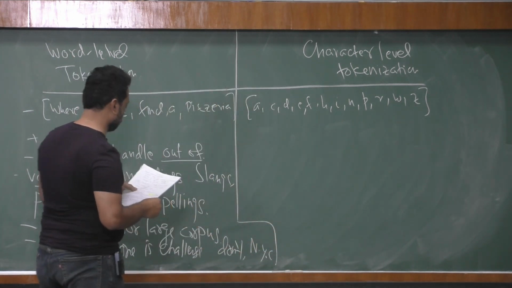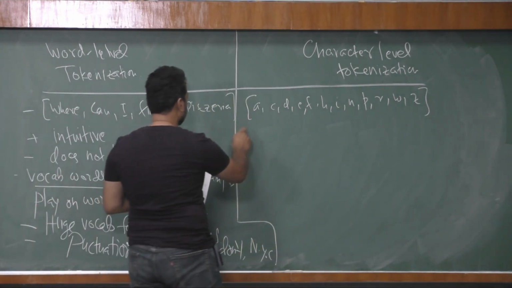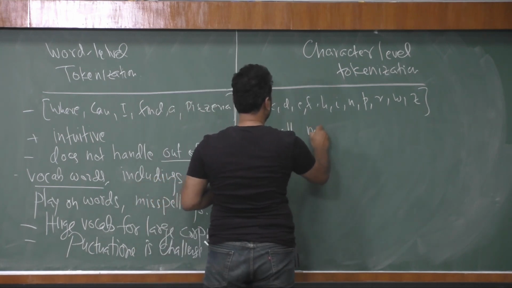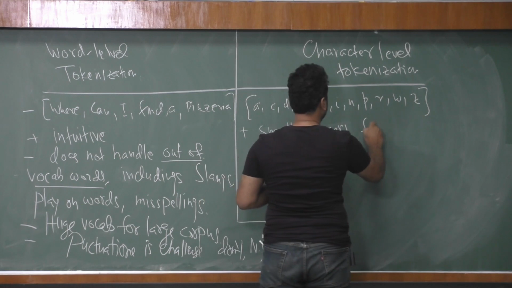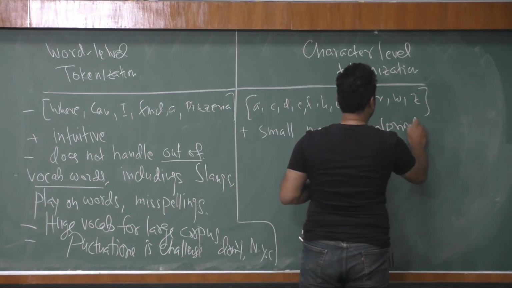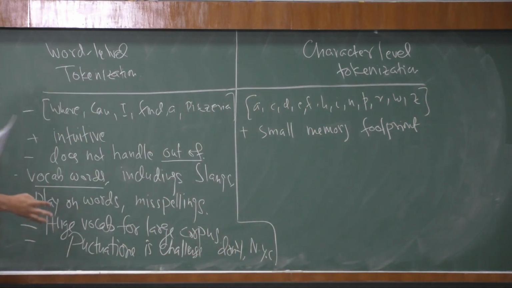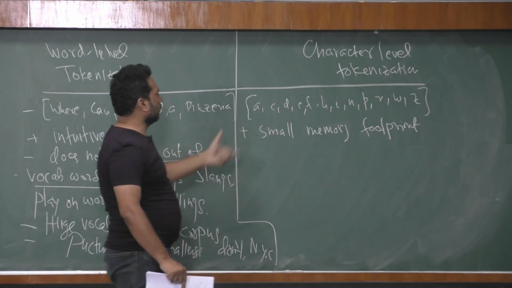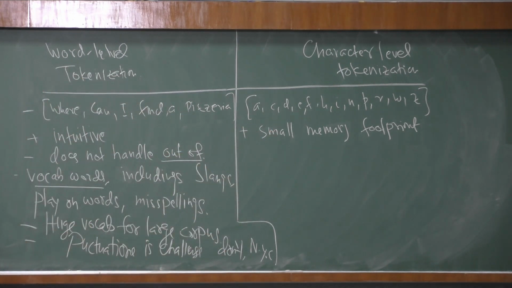But then we can also look into character by character. This has a small memory footprint. That's evident, because the total number of characters, if you think of 26 English alphabets, and you may also take into account capital letters and some special characters, going to some number, let us say 40, 50, whatever is relevant, will still be around 100 or something like that.